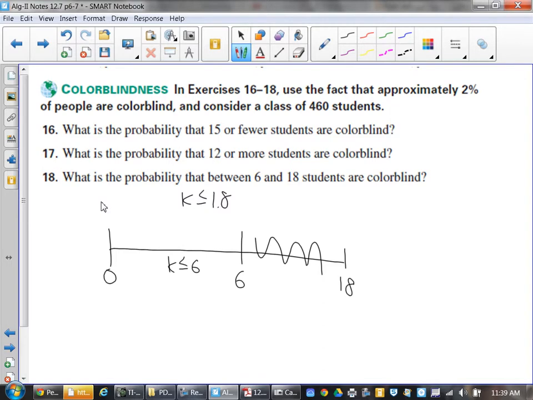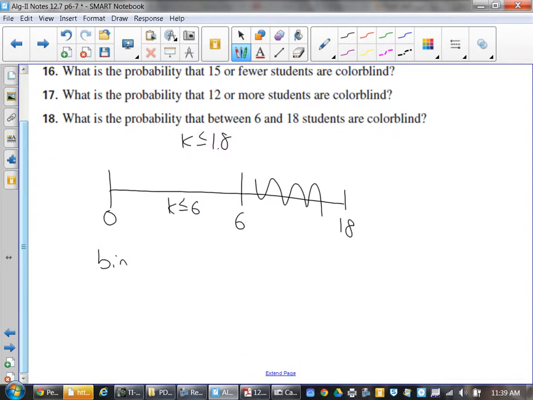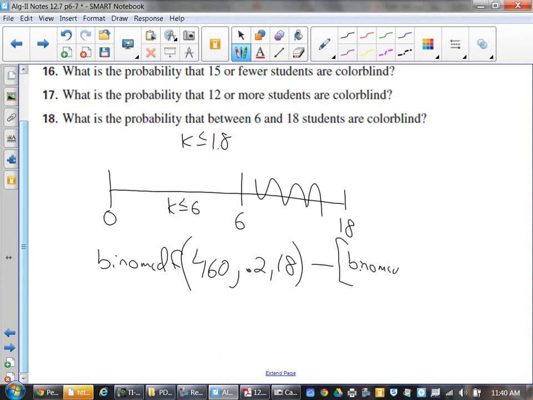So you take your binomial CDF. Remember what it does.